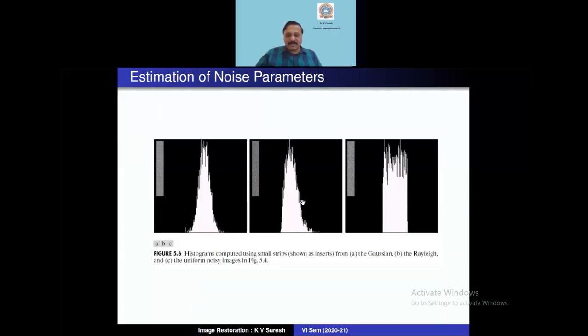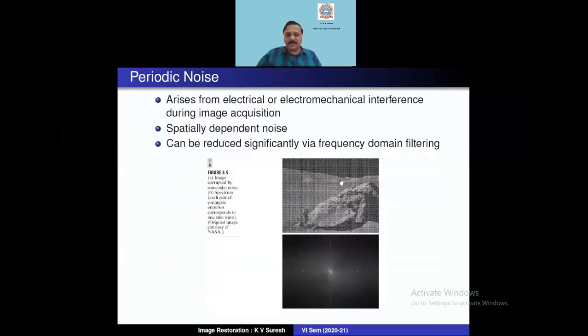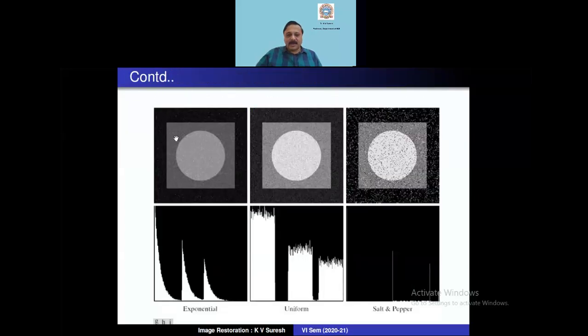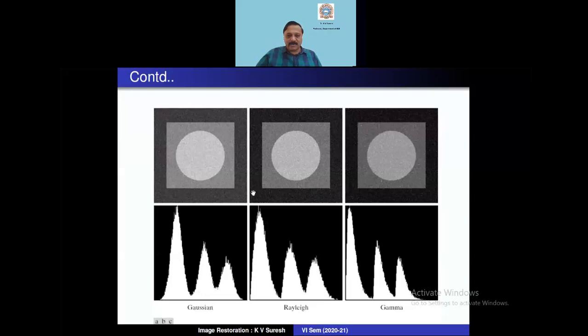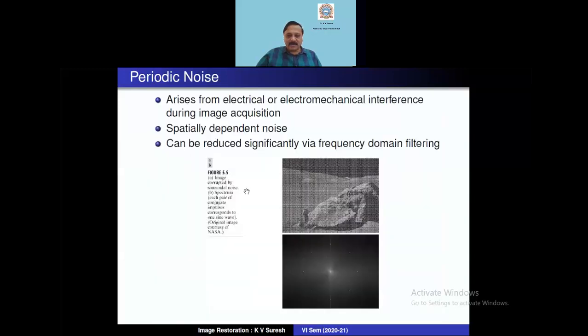This shape is like a Rayleigh distribution, so this image is corrupted by Rayleigh noise. You can recognize that this is uniform. Sorry, this is exponential, and this is uniform, and this is of course salt and pepper. We have done three of them, not all.